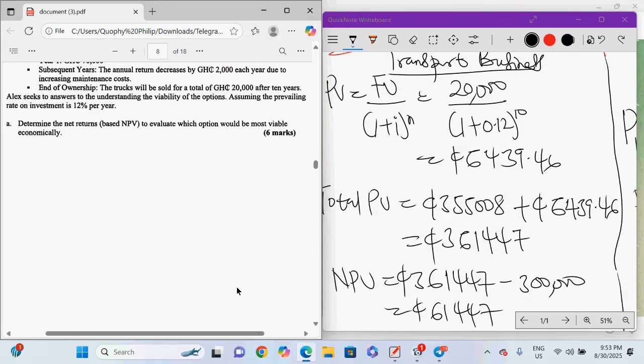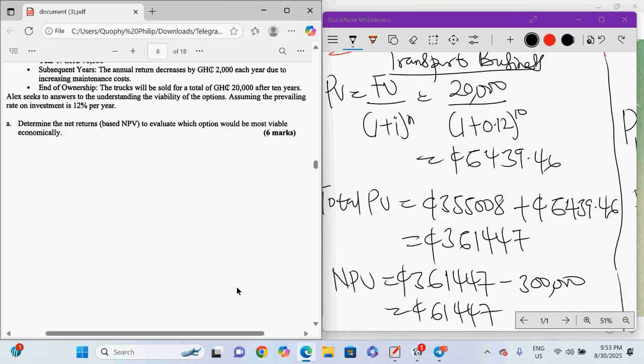So for the Galamsey business, there is no resale value, so we cannot have any on that. The present value is still the same present value.